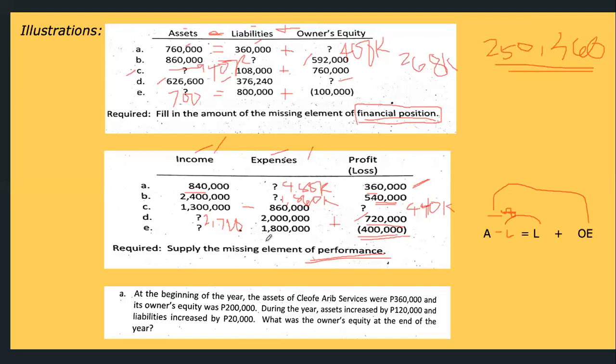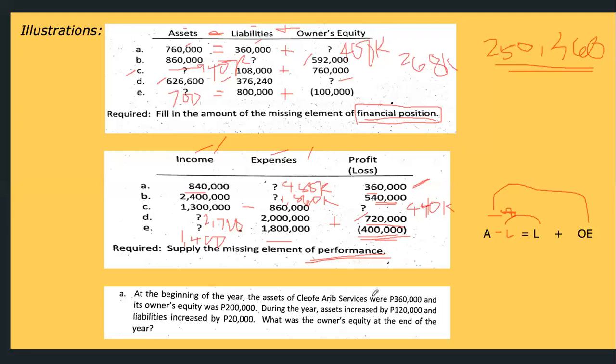So with expenses of 1,800,000, how much is your income? That is 1,400,000 because 1,400,000 minus 1,800,000 is negative 400,000 or a loss of 400,000. So, that is how you compute or apply the basic accounting equation.